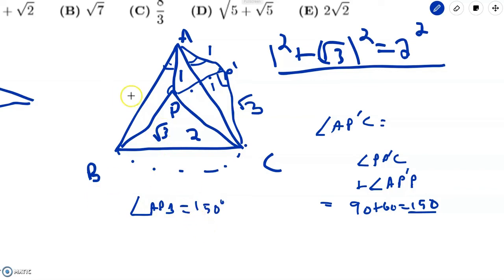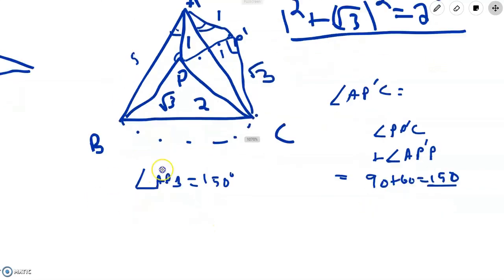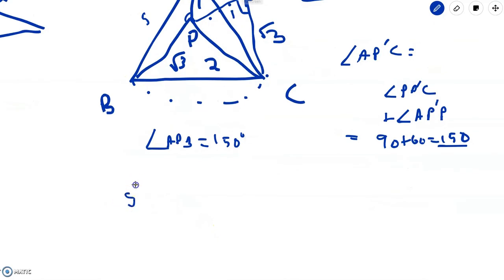And that means if this is a side length S, by law of cosines, S squared is equal to 1 squared plus root 3 whole squared minus 2 times 1 times root 3 times cosine 150.